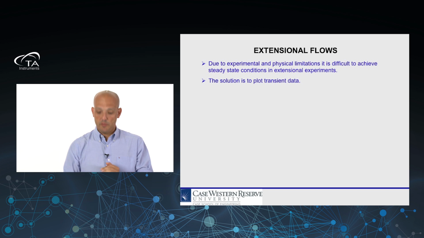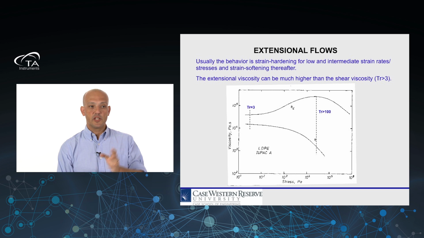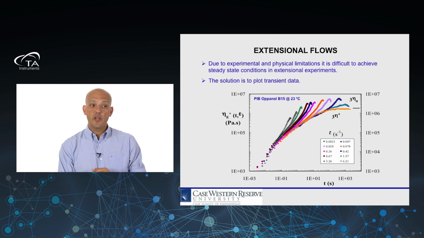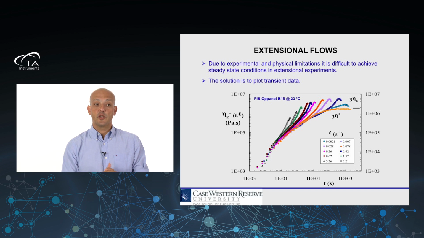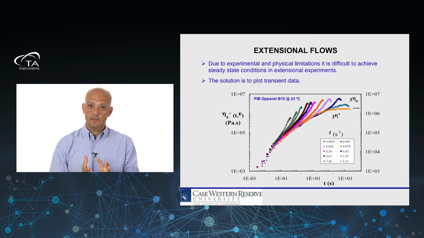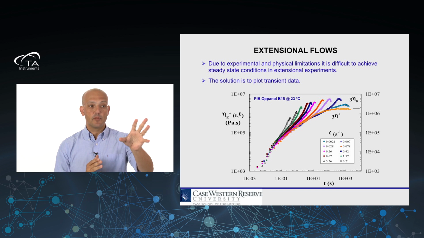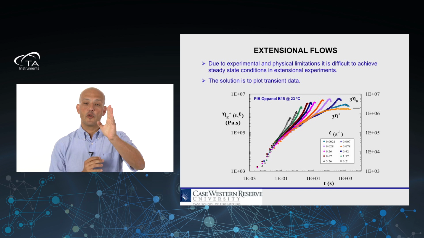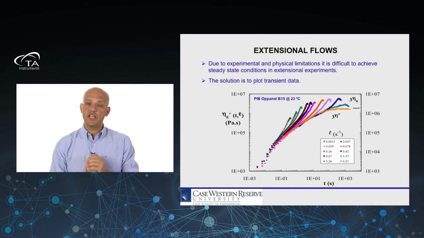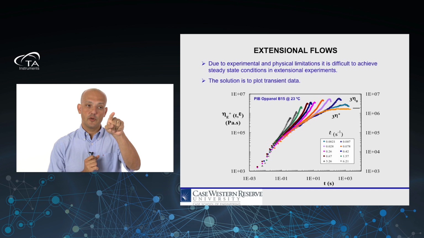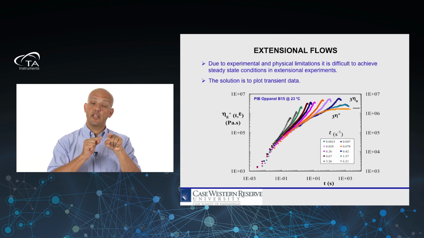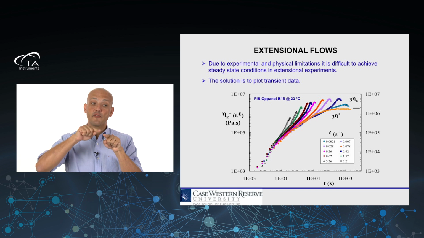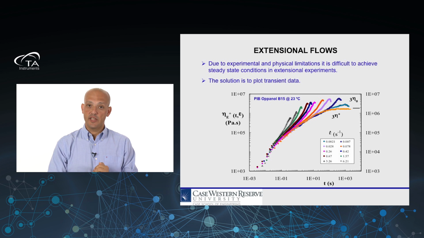And what happens most of the time is that instead of plotting nice little steady-state curves like we have here, we're limited to plotting what we call transient curves, where we plot the evolution of the extensional viscosity over time for different strain rates. So for example, in this case, and we'll come back to this curve later, each of those colored curves is an experiment at a different strain rate, as you can see there in the legend.